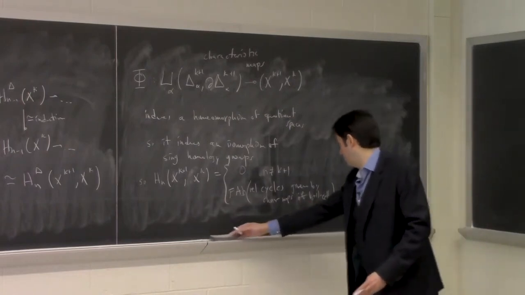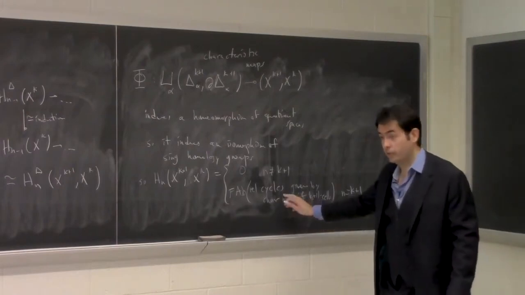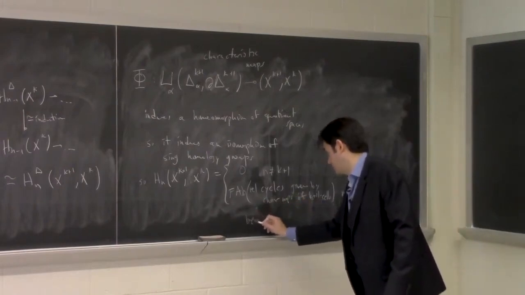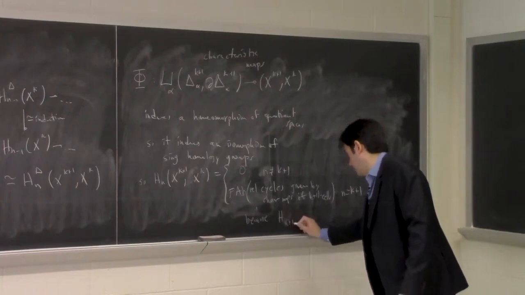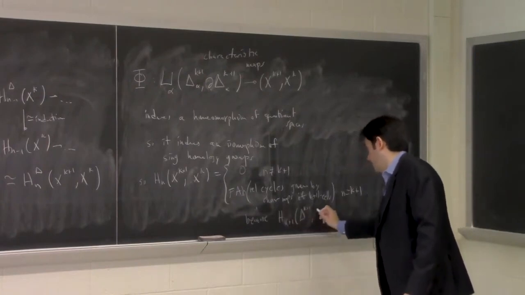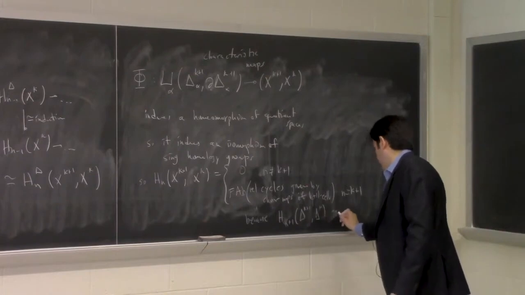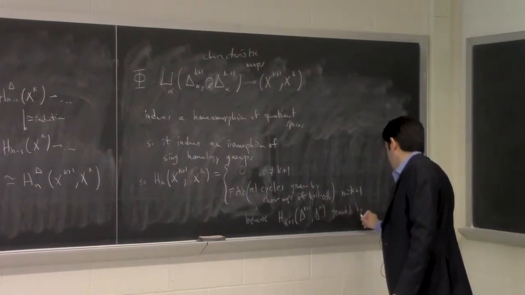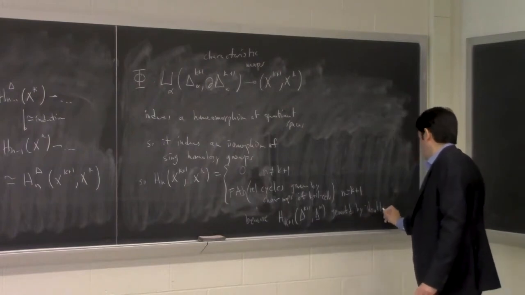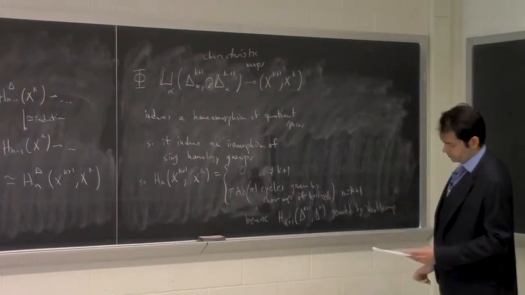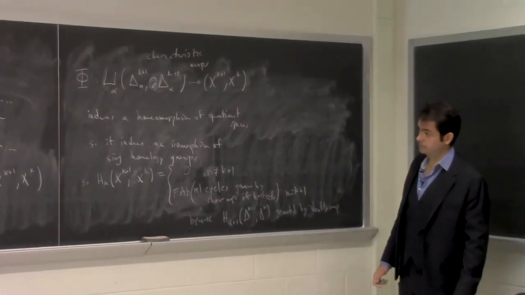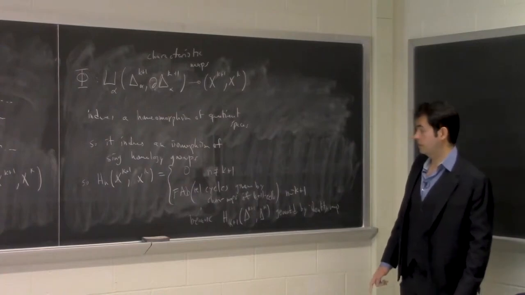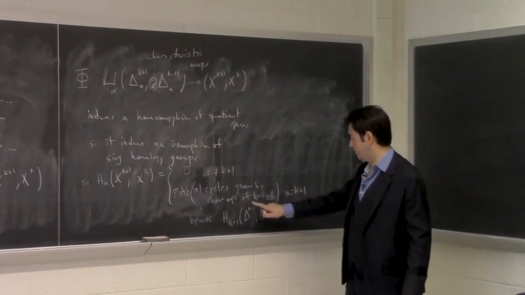Why are these generators? That's because we proved that H k plus 1 of delta k plus 1, delta k is generated by the identity map.